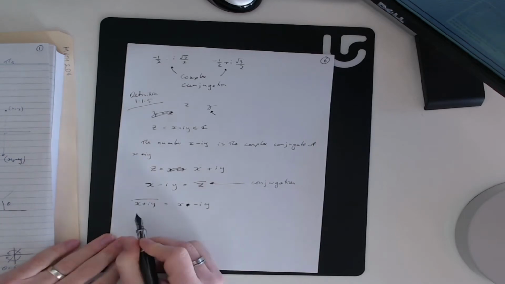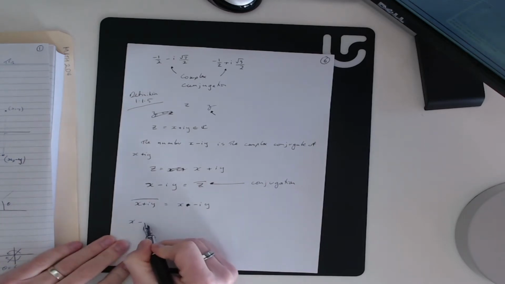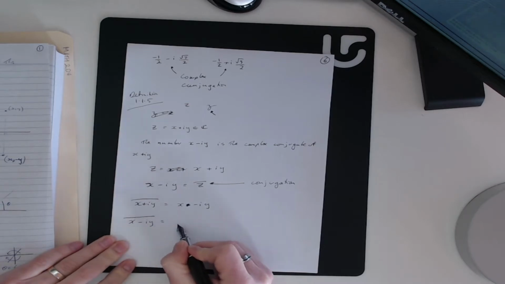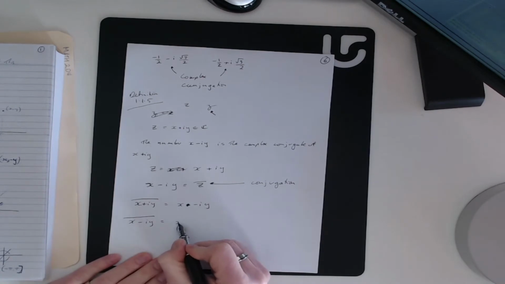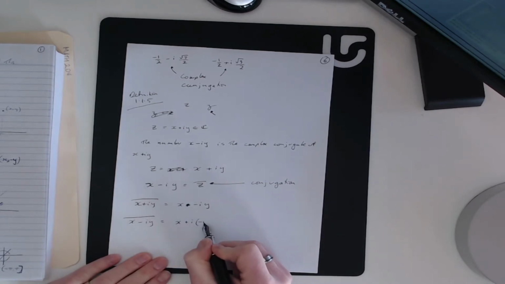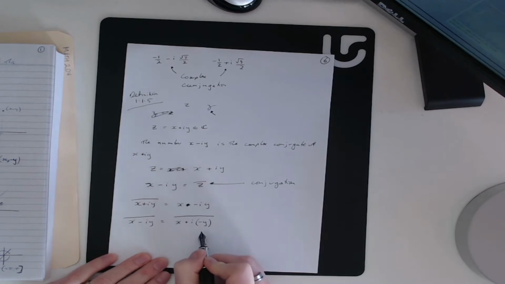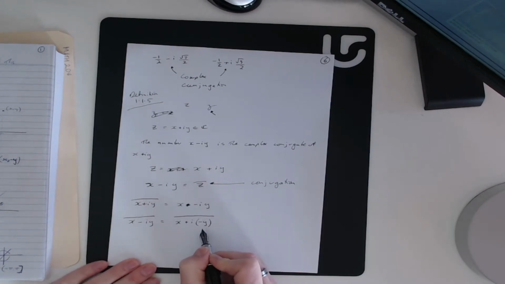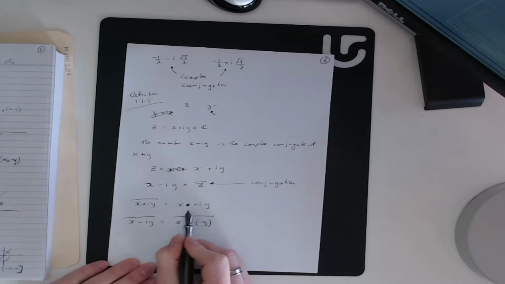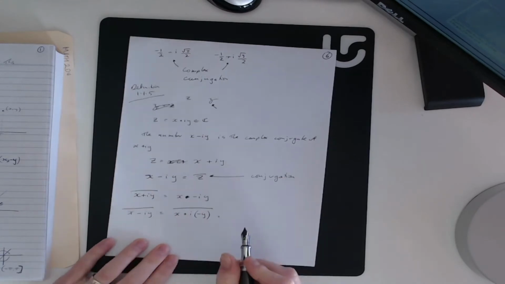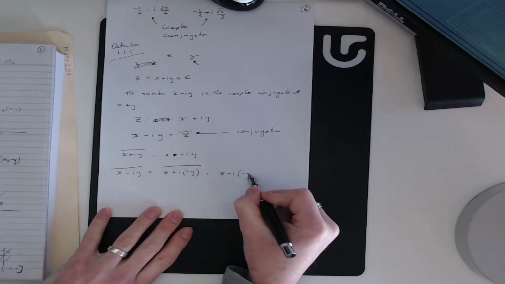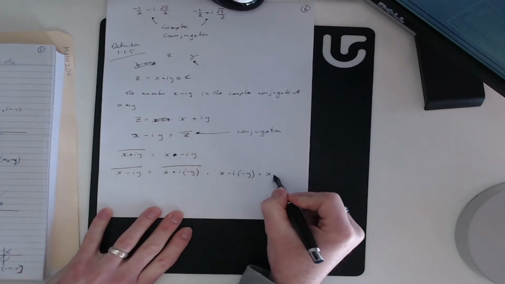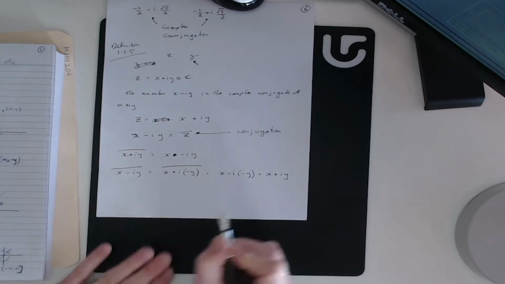And just to be clear, x minus iy conjugate. Or you can write this as, let's just be super obvious about this, x plus i times minus y. This is a real number, right? So it kind of looks like this. There's a plus sign, you put the minus sign, so this is equal to x minus i times minus y, which is x plus iy.